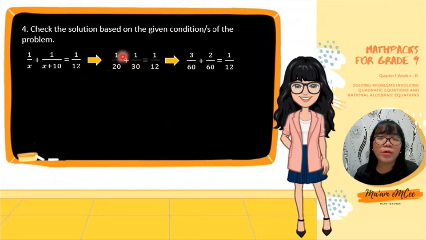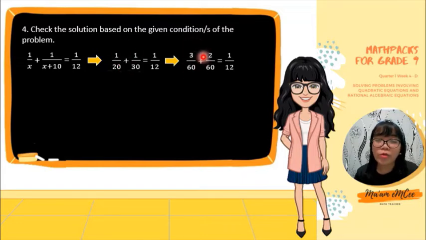Now what will happen to 1 over 20? Because our denominator will be changed to 60. Now, to get the new numerator, we divide our new denominator by our old denominator. So, 60, which is the LCD, will be divided by 20. So, 60 divided by 20 is equal to 3. Times 1, that is equal to 3.